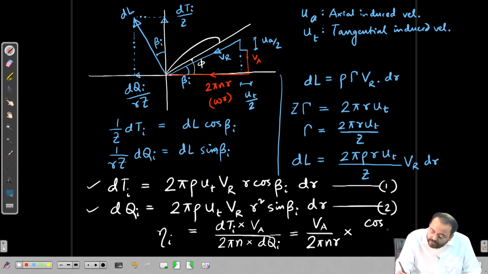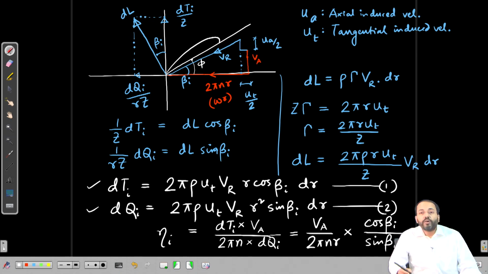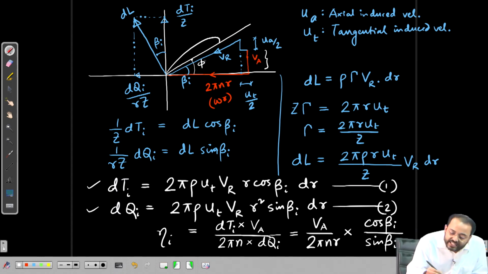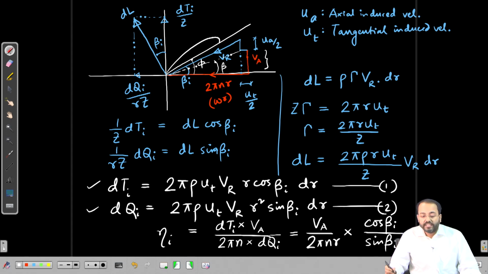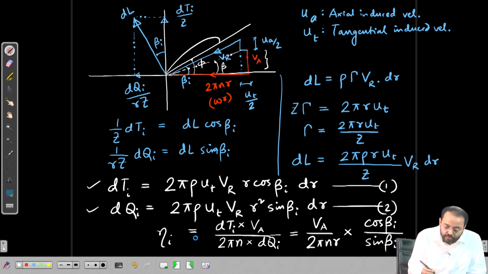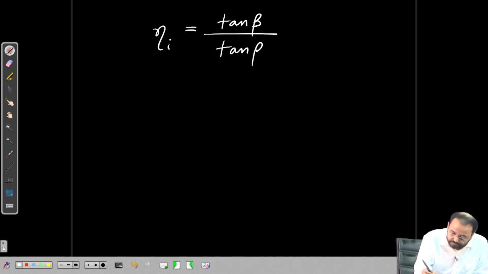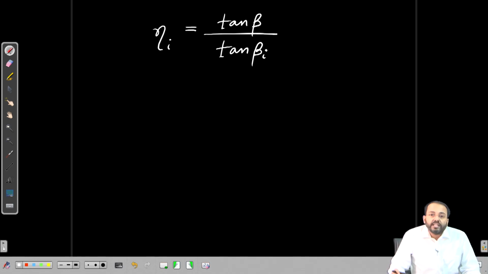This will be cos beta i by sin beta i. Now, what is Va by 2 pi n r? Va by 2 pi n r is the initial tan beta. This was our beta before we have considered the induced velocities. Okay. So, eta i will be tan beta by tan beta i.